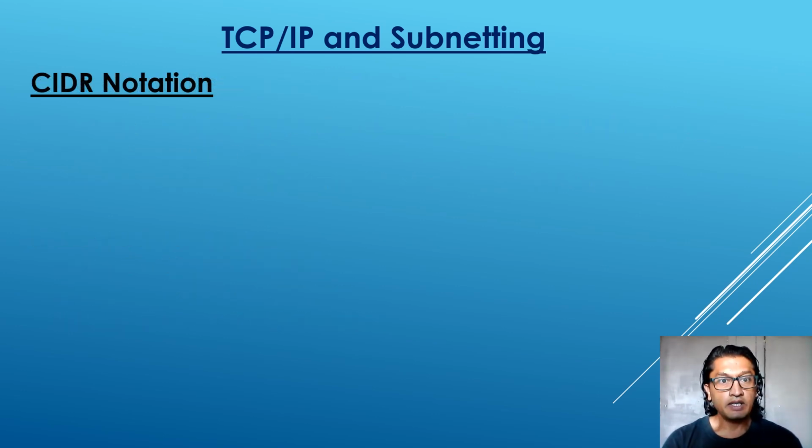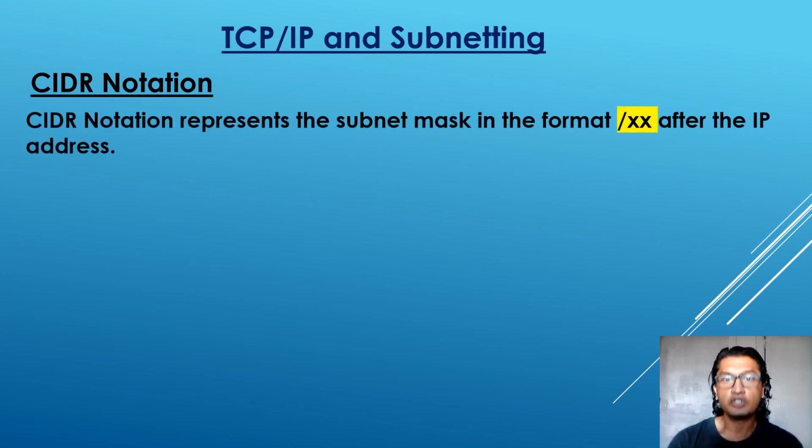All right, the last thing I want to cover in this video is CIDR notation, which is just a different way of representing the subnet mask. So instead of having to represent your subnet mask as 255.255.255.0, for example, you simply put in the network address followed by a slash and a number after the IP address.